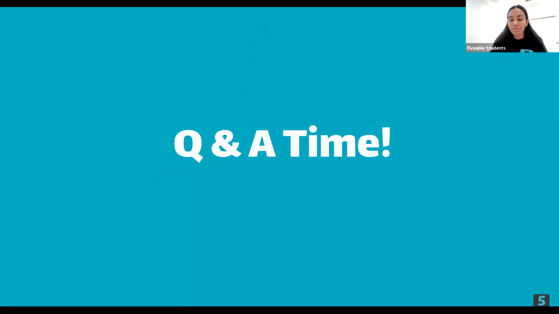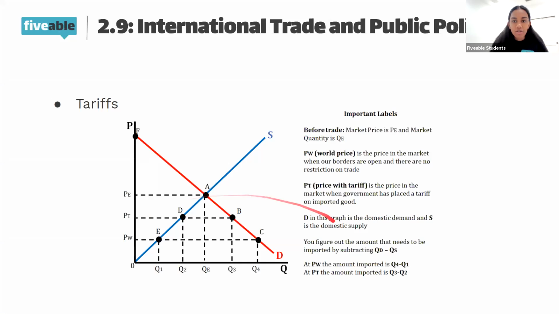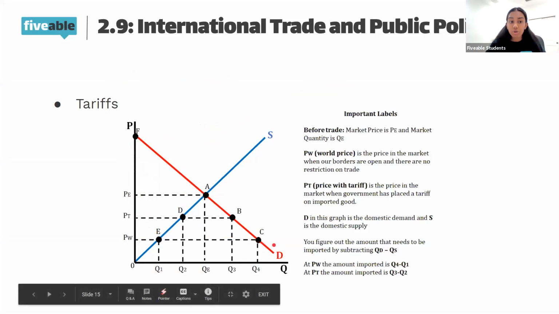And while we're waiting for questions, I actually realized that I forgot to mention something. If you're ever asked to find the consumer surplus on these graphs, it's unique for international trade graphs. For consumer surplus, the original one at equilibrium price would be FAPE, but for the world price, it would actually be FCPW.